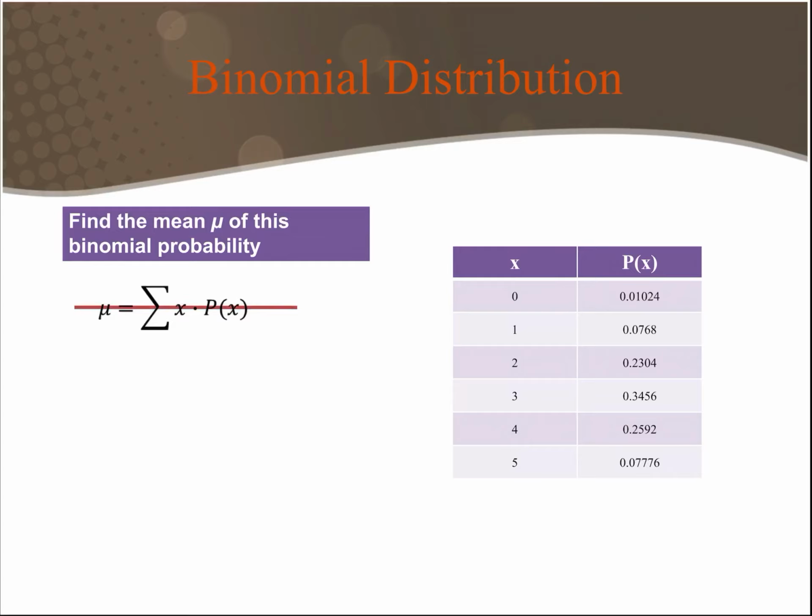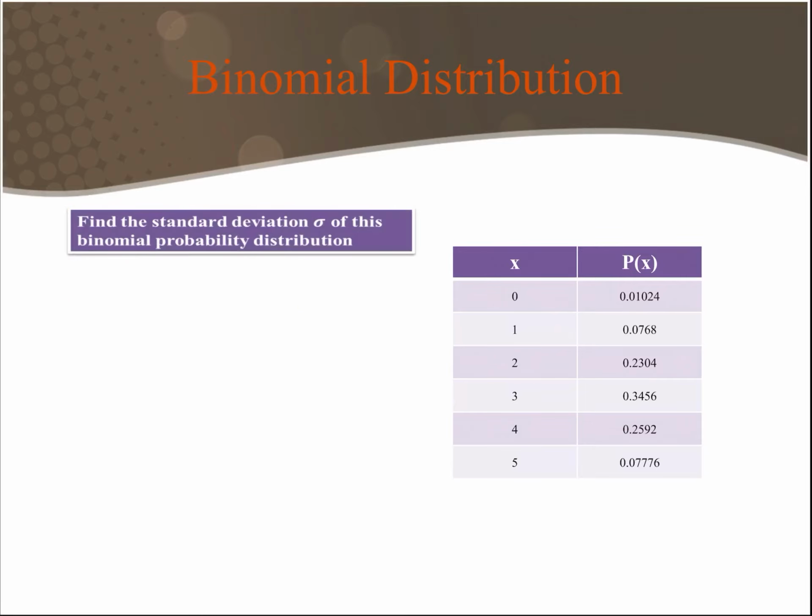But we're in a binomial probability distribution, so we have a shortcut formula. It's awesome. The mean for a binomial probability distribution is simply n times p: the number of trials, 5, times the probability of a success.